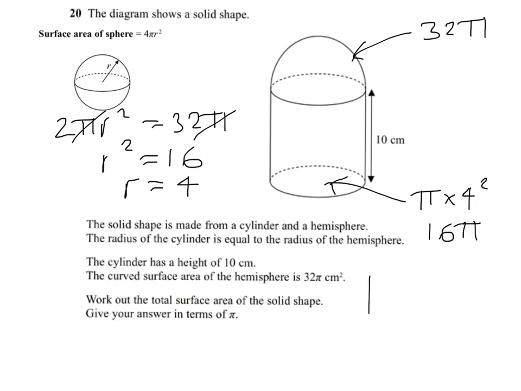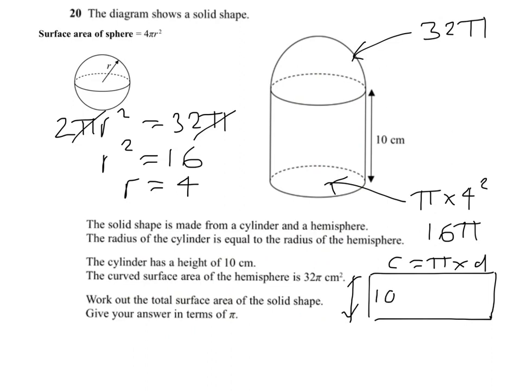So I'm now simply left with the bit that wraps around and forms the cylinder. Now that is a rectangle where the greatest length is actually the circumference, which is pi times the diameter, and this dimension here is our height, which is 10, so I can put that in there.